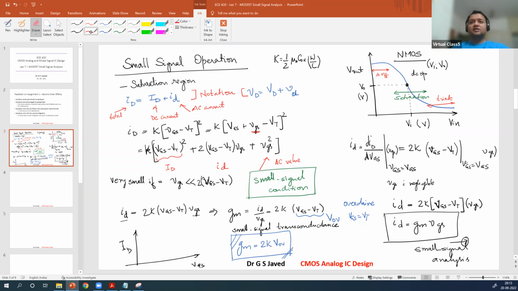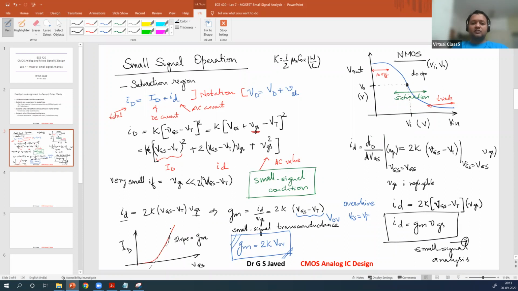As your VGS increases, your drain current will increase. If you define the DC point over here, the tangent or the slope that you see at this point is given as your gm value.